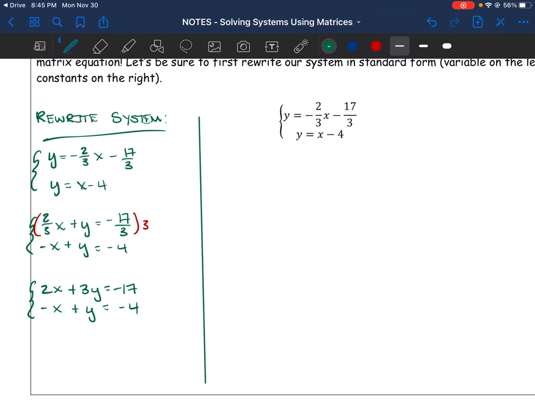So let's go ahead and write our matrix equation, starting with the coefficient matrix, 2, 3, negative 1, 1. Now let's write our variable matrix. Well, we know that we're going in the order x then y, so our variable matrix will be x, y, equals, and then we'll write our constant matrix, which is negative 17, negative 4.